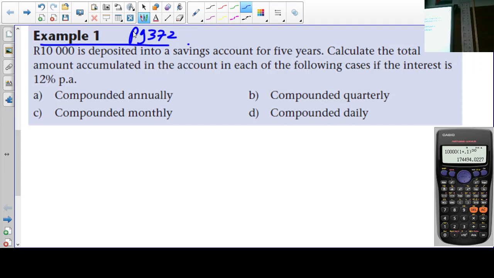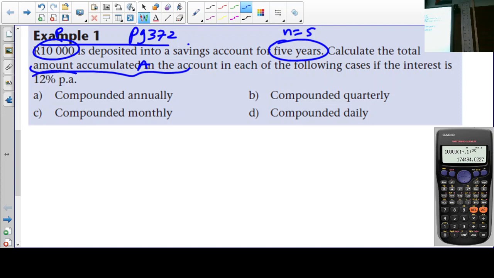So what is the 10,000 Rand? Which value is it? It's your P value. For 5 years. What is that? Calculate the total amount of money accumulated. So what are we calculating here? A. In each of the following cases.